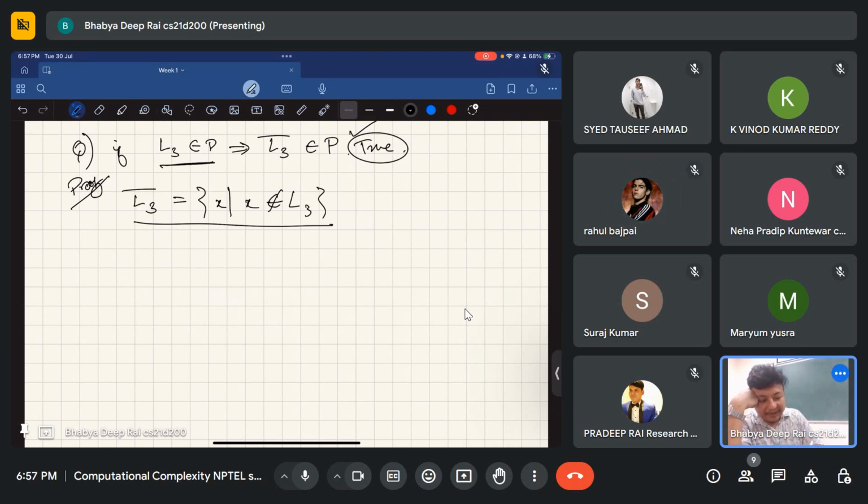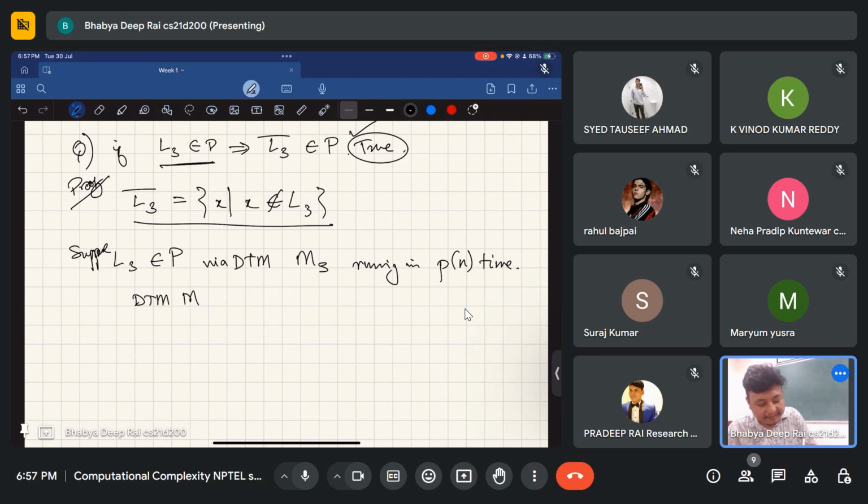So here's the simple proof. Suppose L3 is in P via a deterministic Turing machine, M3, running in some polynomial time. Now here is an algorithm, a deterministic Turing machine M3 prime.